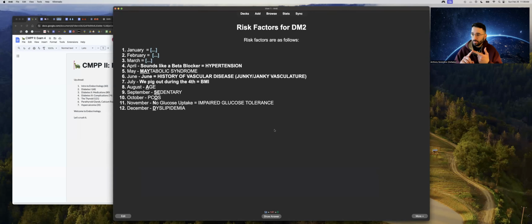January is ethnicity because we say Happy New Year from all around the world. This is basically everything but Caucasian, like Hispanic, African American, Pacific Islander, Asian.